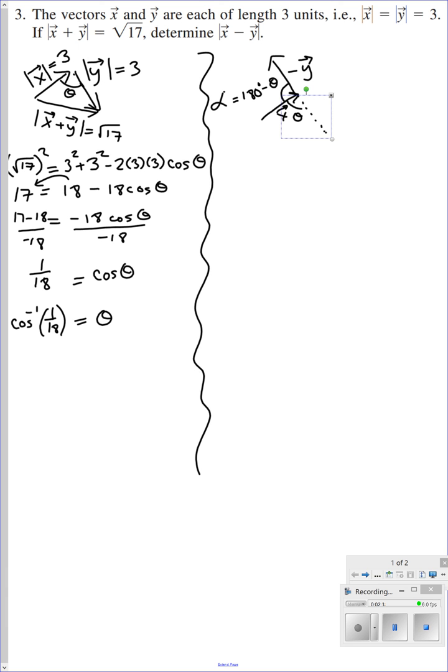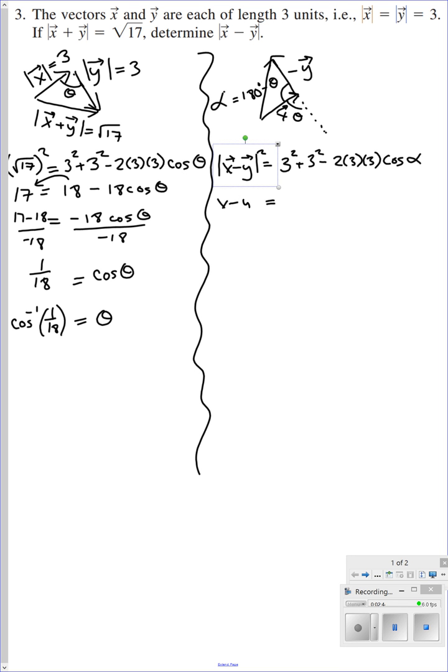So I can rewrite cosine law for this description, and I would now be finding this vector over here, which is x minus y. And x minus y squared would be equal to the same 3 squared plus 3 squared, minus 2 times 3 times 3 times the cosine, but this time of the angle alpha, which is 180 minus theta.